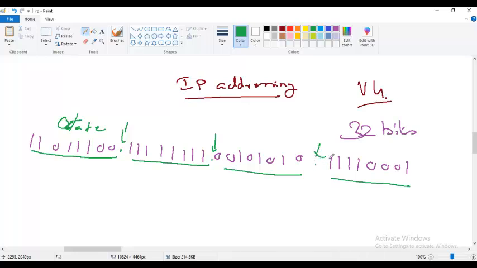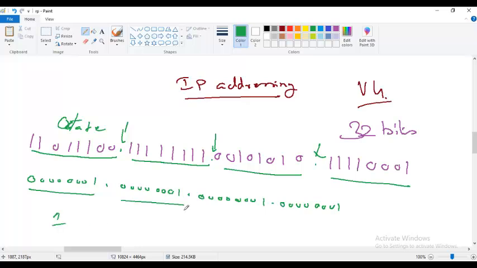If all these bits are 0 and it is only 1 here, this is what we call 1 dot 1 dot 1 dot 1. The equivalent decimal is 1, 1, 1, and 1. 1 dot 1 dot 1 dot 1.